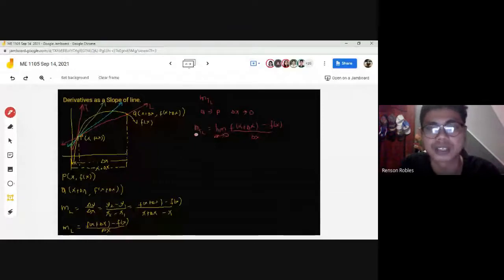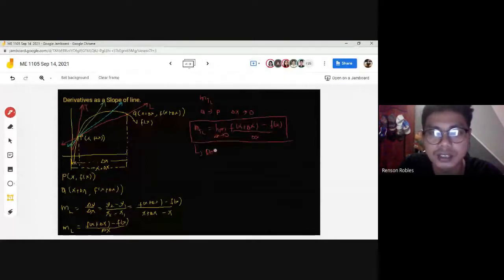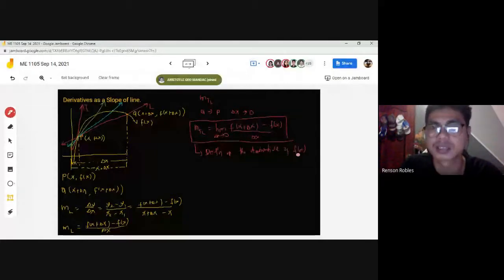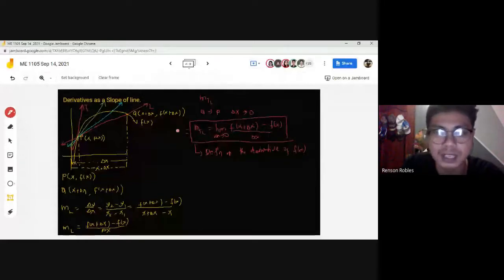So this is how you get the slope of the line tangent to this curve, and this is the definition of the derivative of f of x. In symbols, this is equal to dy dx or f prime of x.